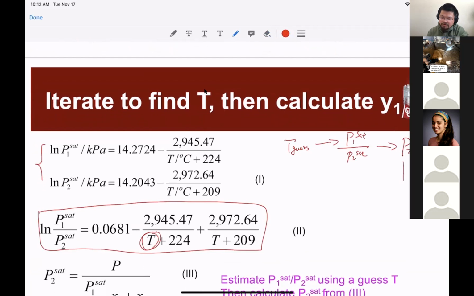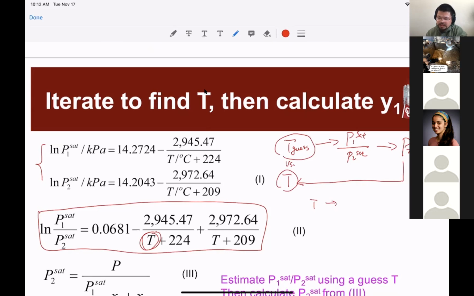And then if you know the P2 sat, you are going to calculate the T over there, and then compare the T guess and T. Run the iteration until you reach convergence. Okay, and if you know the temperature, then everything should be much clearer.